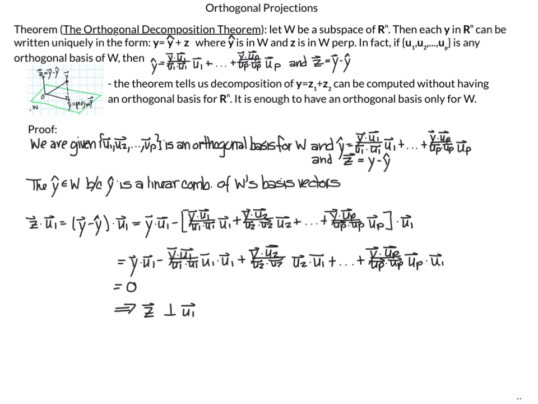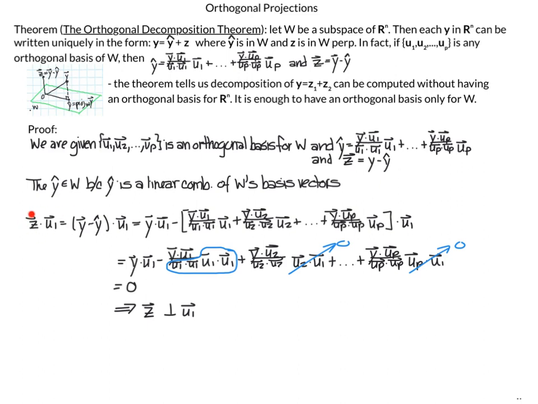Now, because u1 up to up is an orthogonal basis, these all go to 0. The u2 dot u1, everything in between up to u1, all goes to 0. Here, what you can see is I can group these two together, and I have u1 dot u1 over u1 dot u1, which is just equal to 1, so I have y dot u1 minus y dot u1, which is equal to 0.